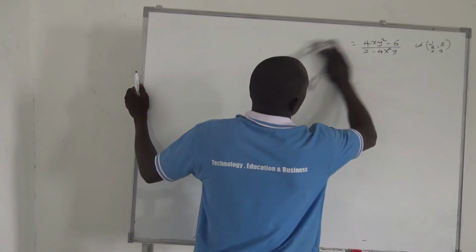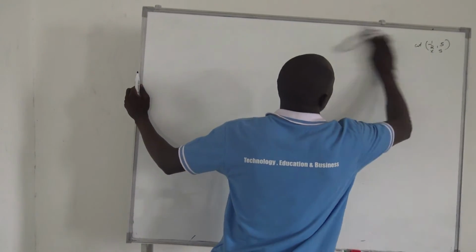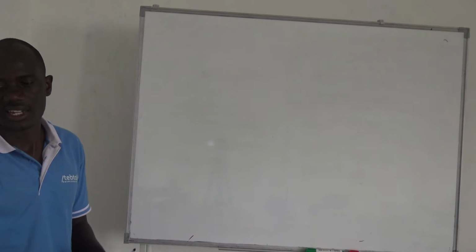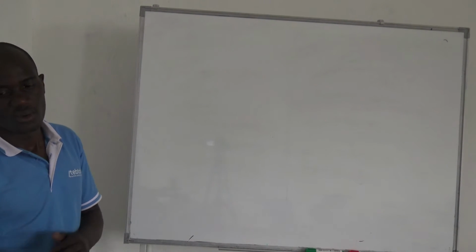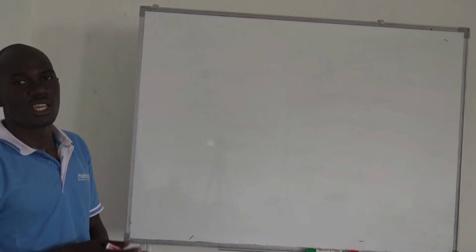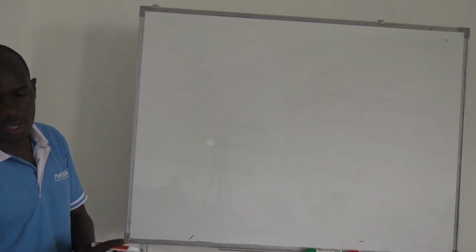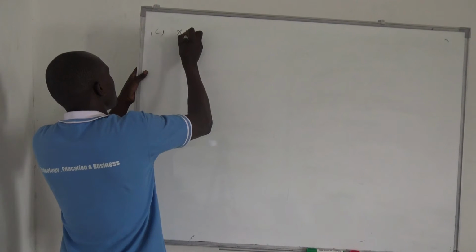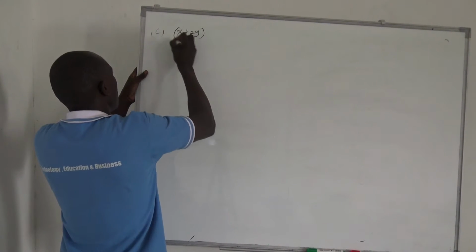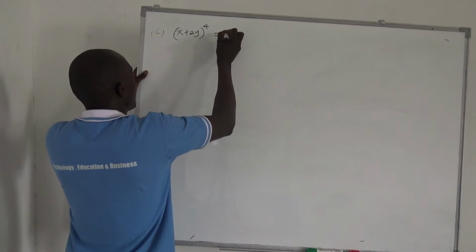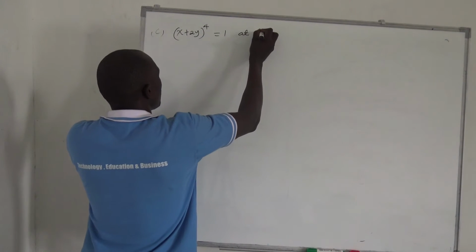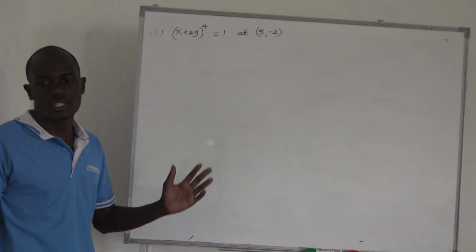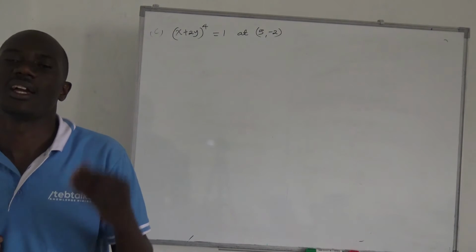Well, I've got another one, part C. Part C is saying (x + 2y)^4 = 1 at (5, -2). So you can see I've already given the point, the coordinate is already (5, -2).